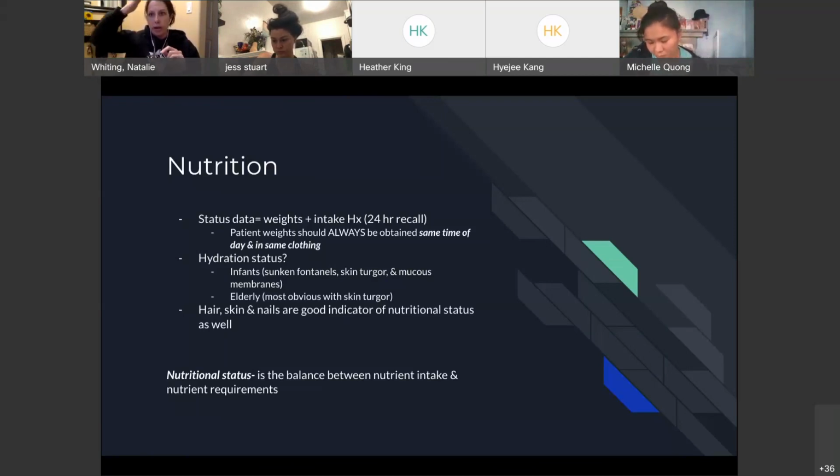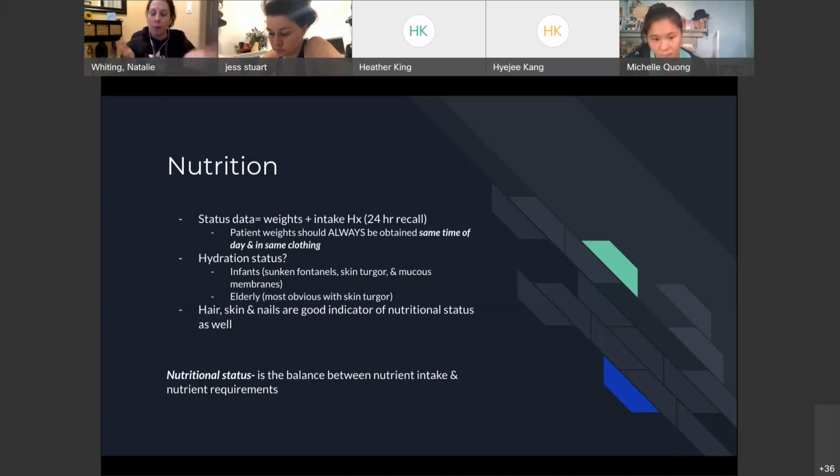You guys will get to this, but just for a little background, you have the anterior fontanelle and the posterior fontanelle. Basically, the sutures of the skull haven't closed, so it's almost like an opening in the skull that you'll feel. And if it's sunken or depressed, that's dehydration.